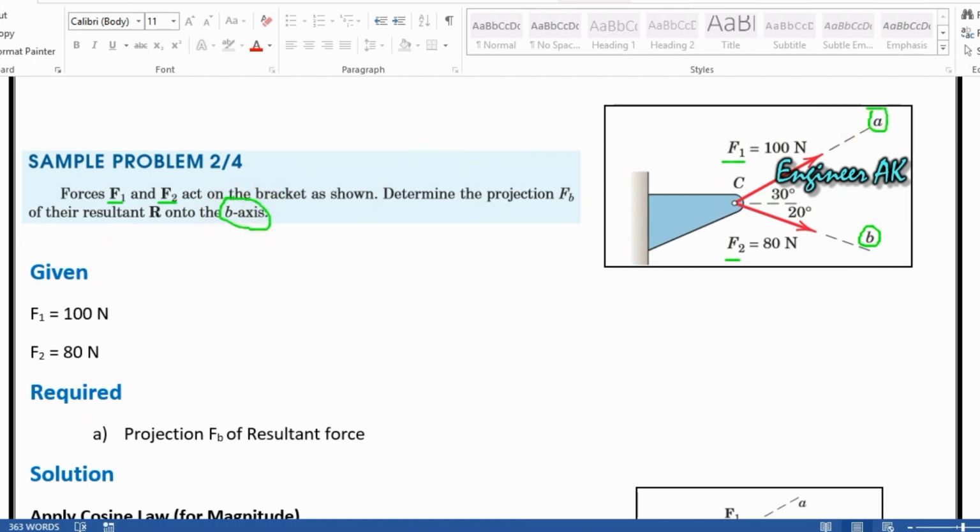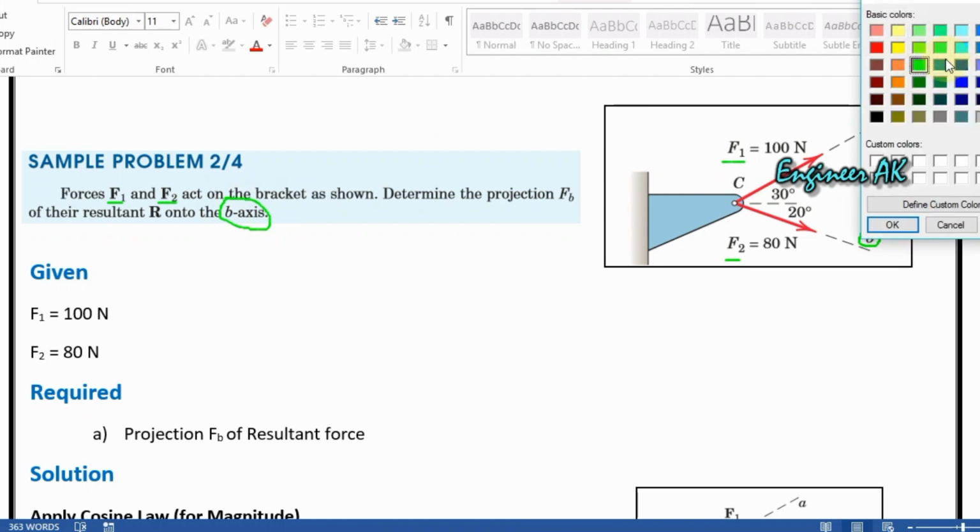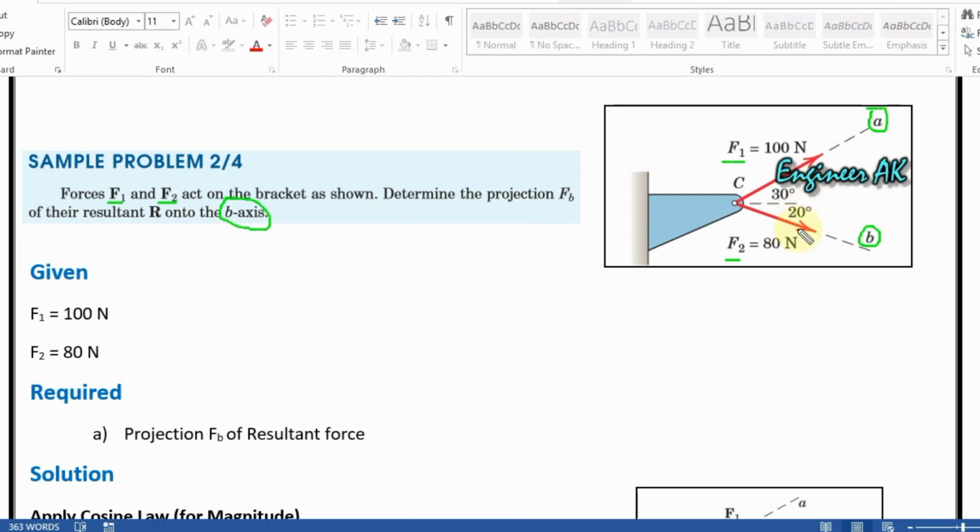Like if I simply draw it here, this is the vector, and I will draw a parallel vector to it, and similarly for this vector I will draw a parallel vector to it, right?